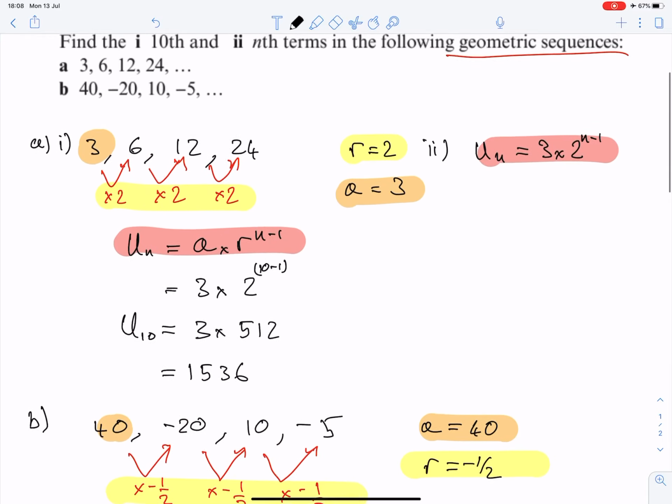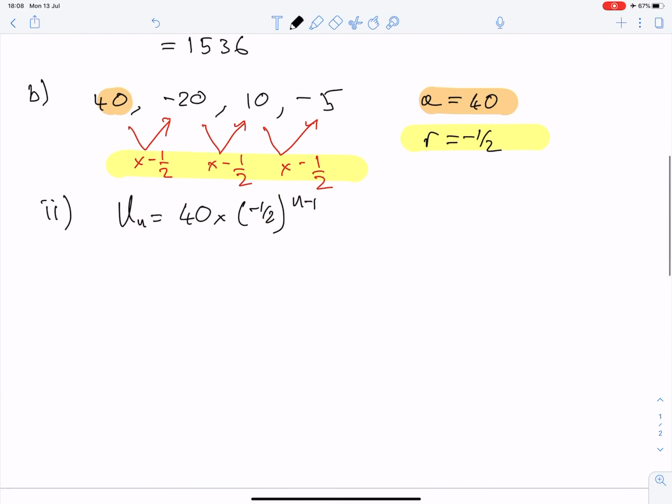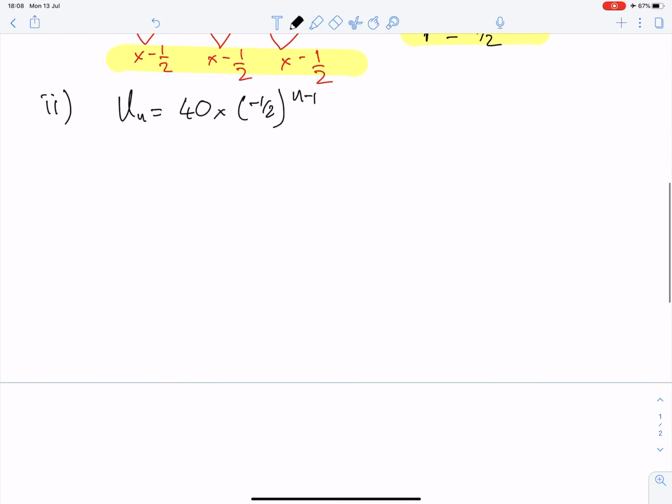And now the question also wants part 1, the 10th term. So U10 equals 40 times negative a half to the 10 minus 1. So that's 40 times negative a half to the 9.